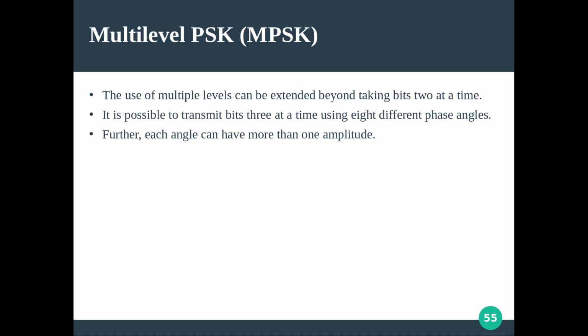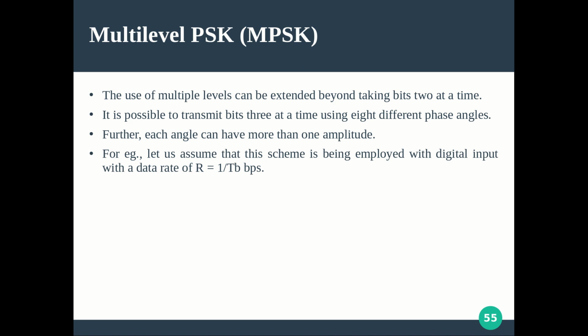Either you can use 8 different phases for 8 different signal elements, or you can use say 2 different phases, with per phase 4 different amplitudes, or some other kind of combination. So you can change both phase and amplitude at the same time to make more levels. So that is the idea.